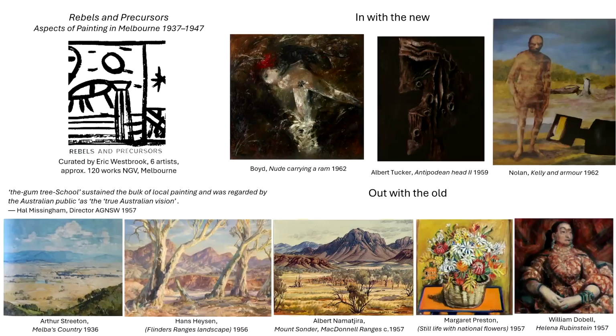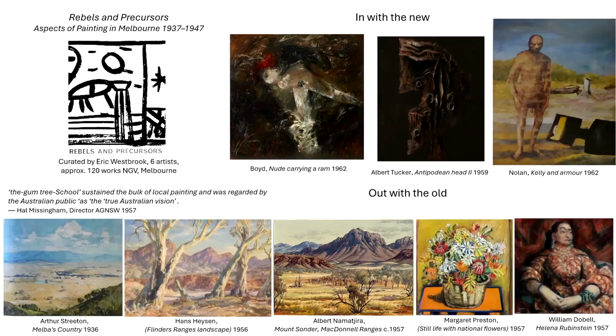This is what the gallery would have looked like beforehand. This was the narrative beforehand. And Hal Missingham wrote this in 1957, that what he called the Gumtree School sustained the bulk of local painting and was regarded by the Australian public as the true Australian vision. The only artist to get in Recent Australian Painting was William Dobell.